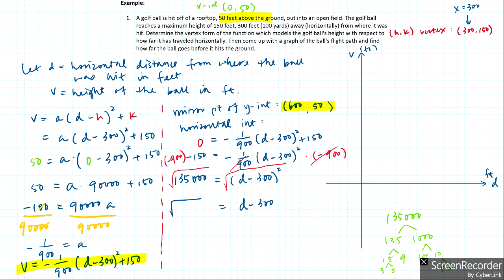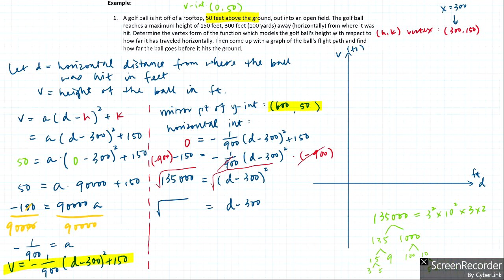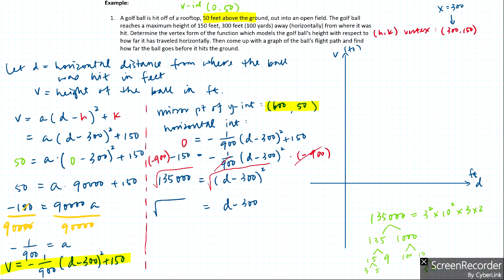And for the rest of the factors, it's 3 times 5 times 5 times 2. So this tells me 135,000 is equal to 9, which is 3 squared, times 100, which is 10 squared, times 3 again, times 2, and lastly times the 5 squared because we have 2 factors of 5 in the prime factorization.